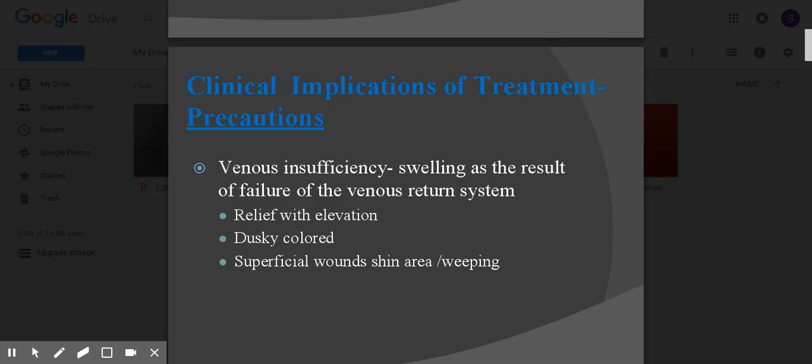Secondly, these individuals tend to have a dusky colored, kind of a bluish gray coloring to their lower extremities. And these patients will almost always, if they're going to develop wounds, develop those wounds superficially and in the shin area, kind of between the malleolus and the knee.